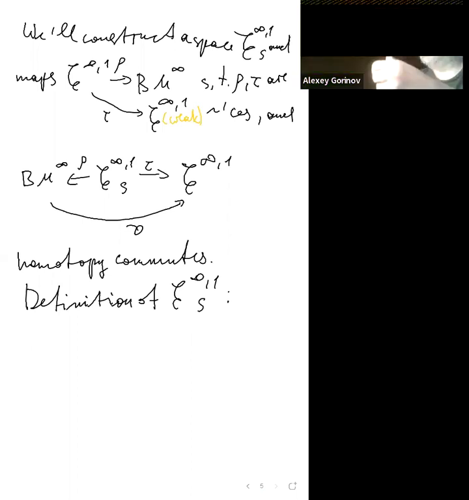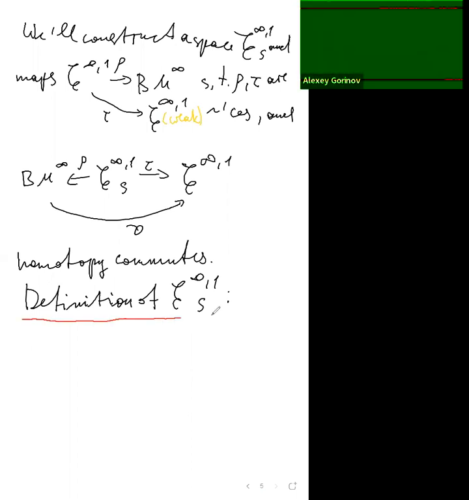Well, the definition is straightforward enough.